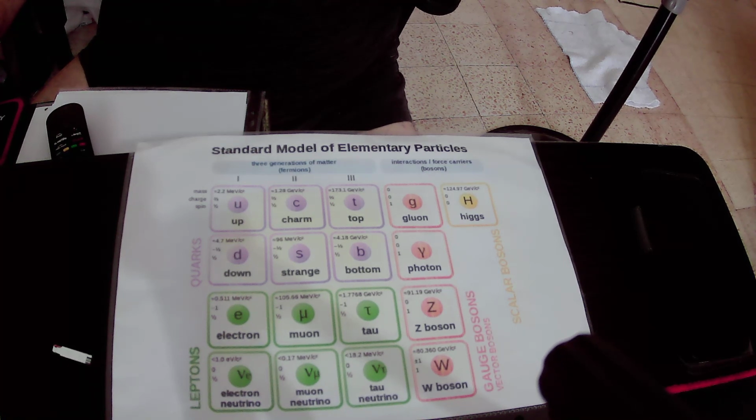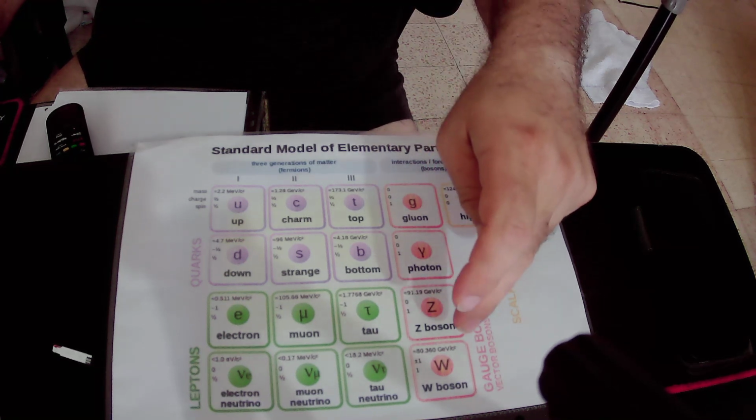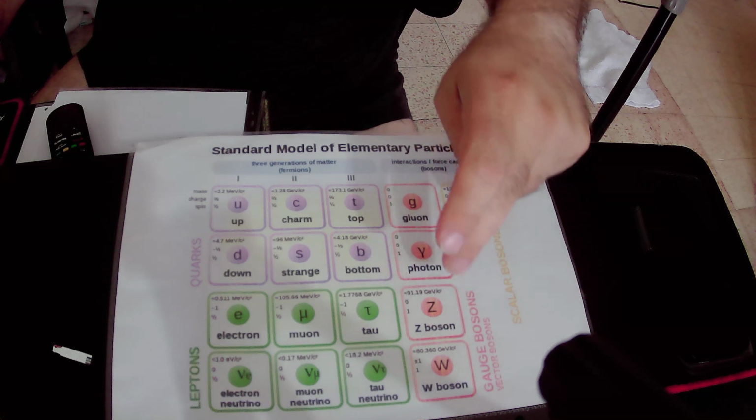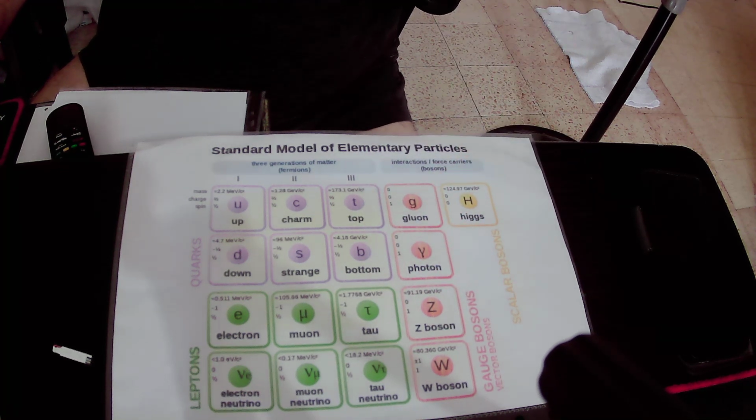And those four forces are carried by those four particles, except for the gravitational force that is carried by the graviton, that is not in this picture, because it is not in the standard model.